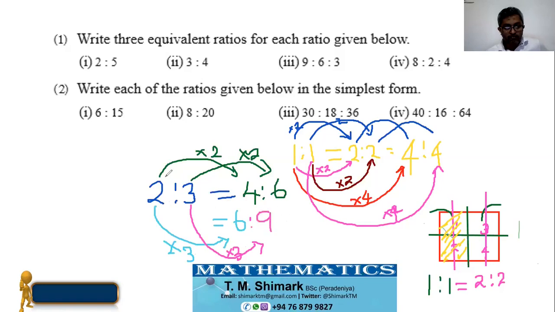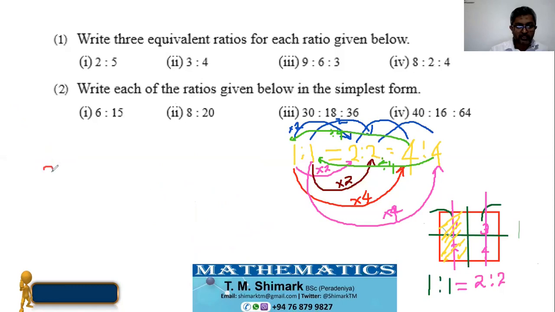So the equivalent ratio for 2 is to 3 is 6 is to 9. I can make another one. You can multiply by 5, 6, 8, 10, anything. But you cannot multiply only one part. You have to multiply both by the same number, right?